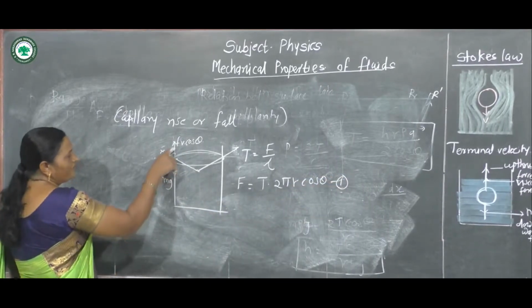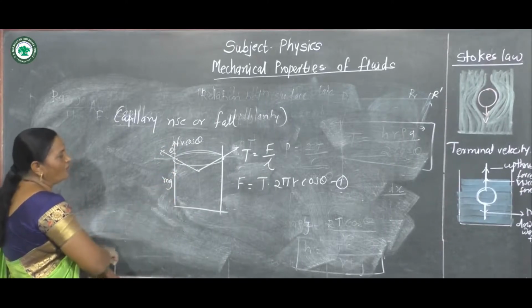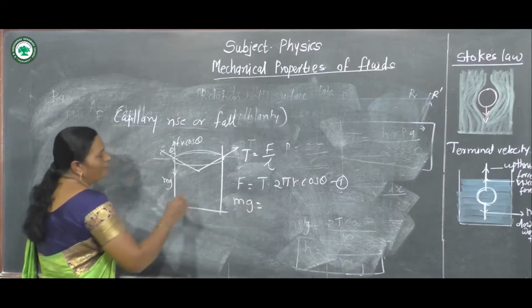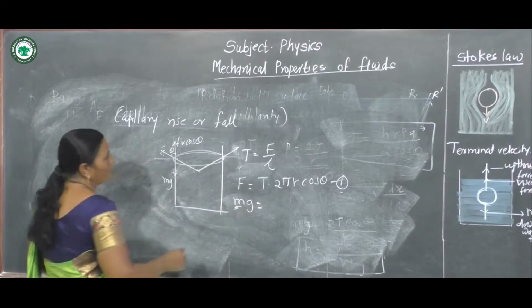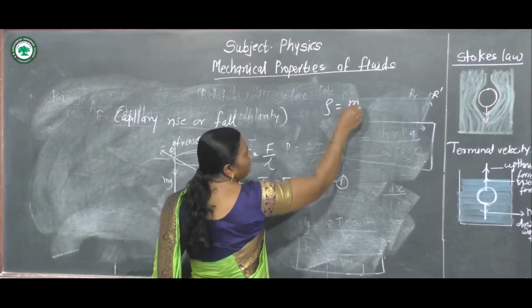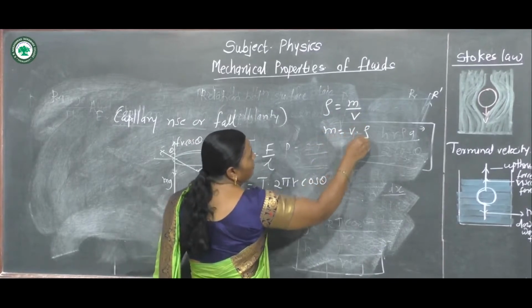Now this is the upward vertical component, and it is exactly equal to the downward weight mg. Here m is mass, and density rho is mass upon volume, so mass is equal to volume into density.